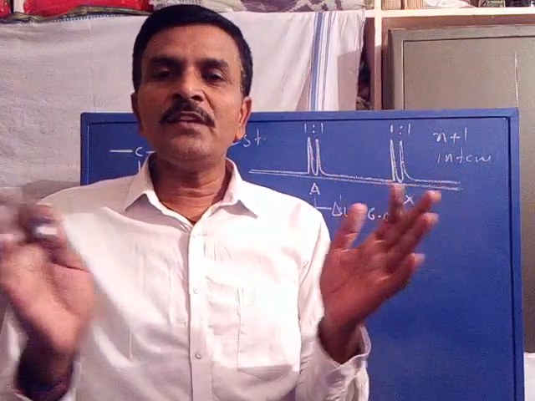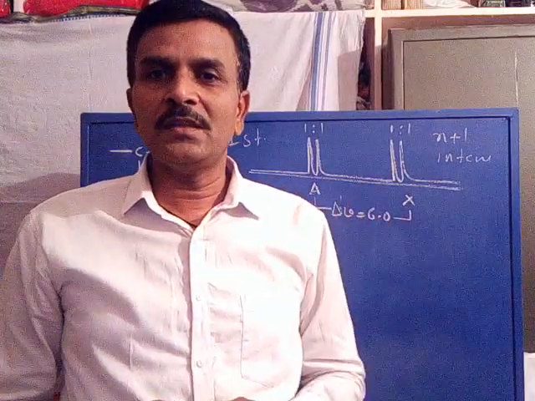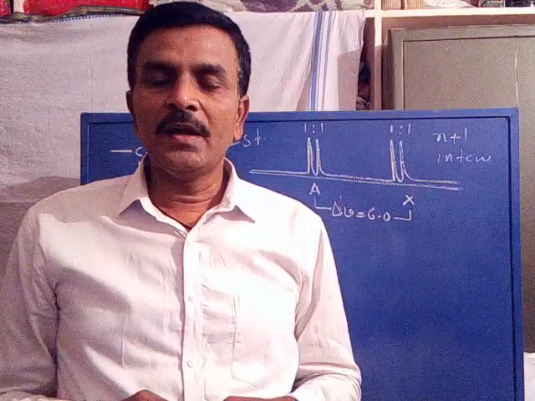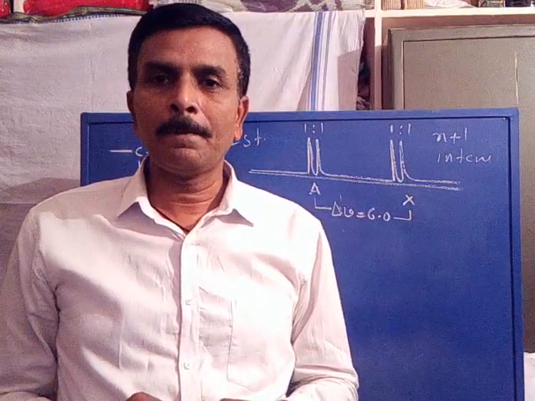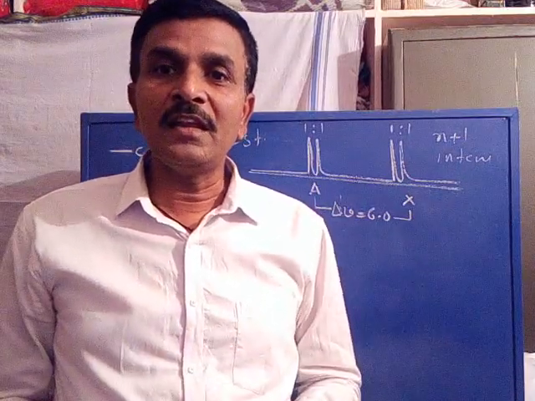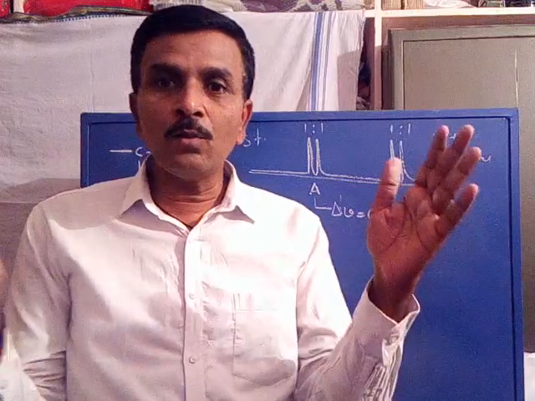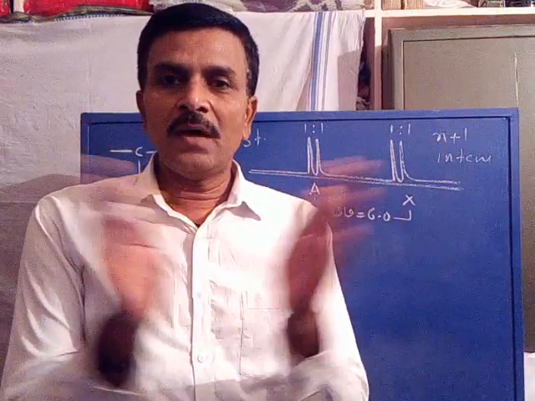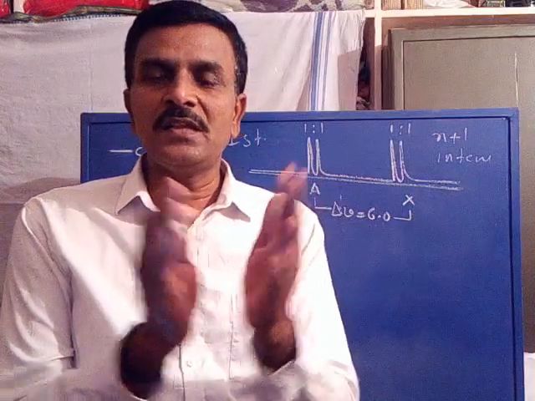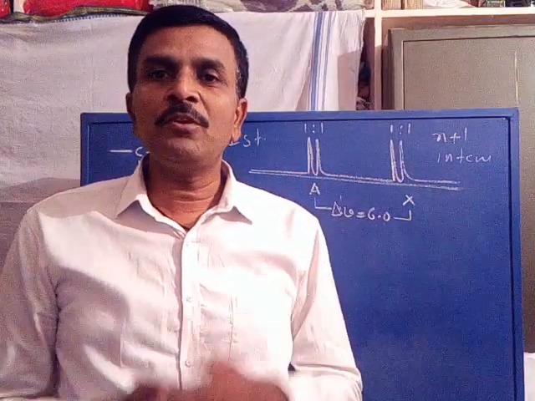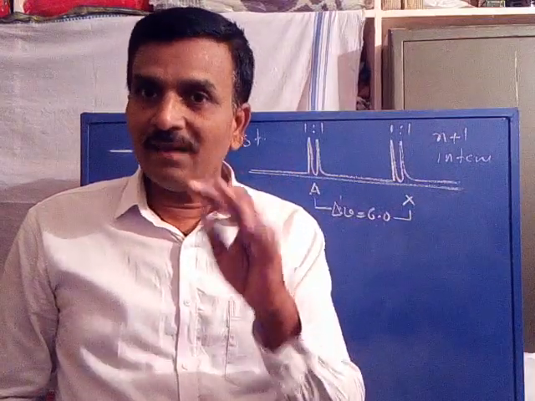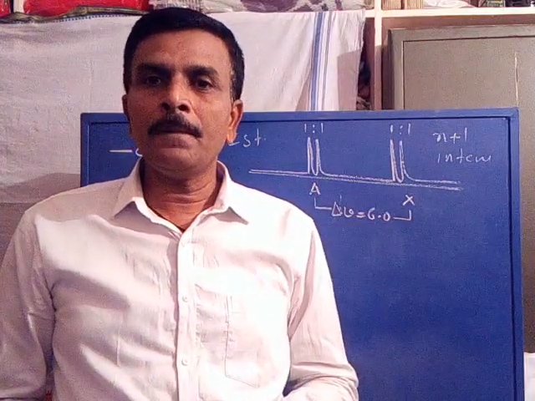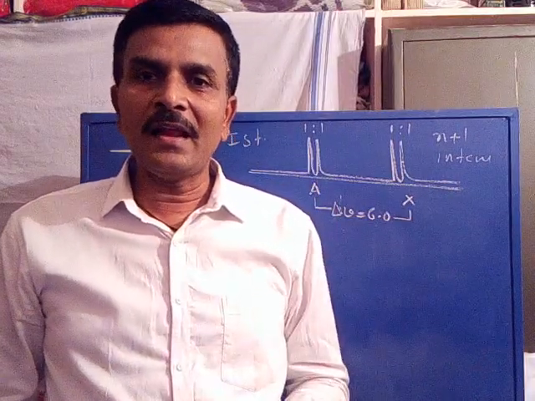Now while the two signals move close to each other, the outer lines decrease in intensity and the inner lines increase in intensity. In order to move the signals near to each other, there must be a decrease of outer line intensity and an increase of inner line intensity.